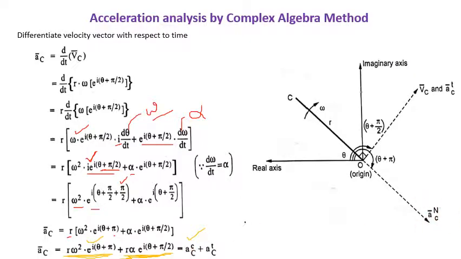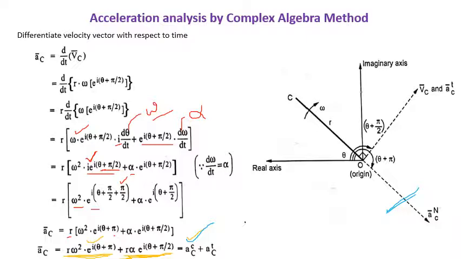So these two are the same. This is the centripetal acceleration or radial acceleration or normal acceleration, which is 180 degrees ahead from the initial position. So the representation of this radial acceleration is over.